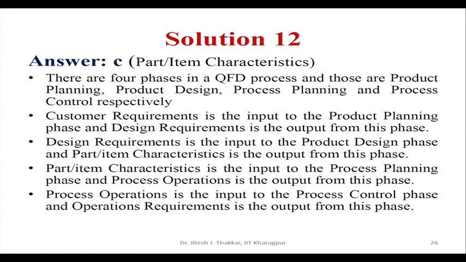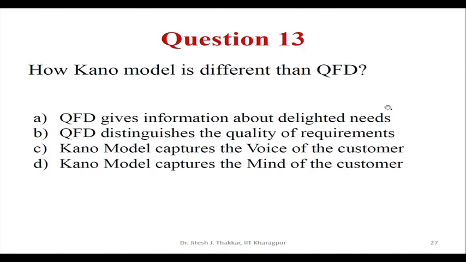Design requirement is the input to product design phase, and part item characteristics is the output from this phase. Part item characteristics is the input to the process planning phase, and process operations is the output from this phase, and subsequently process operation is the input to the process control phase, and operations requirement is the output from this phase.